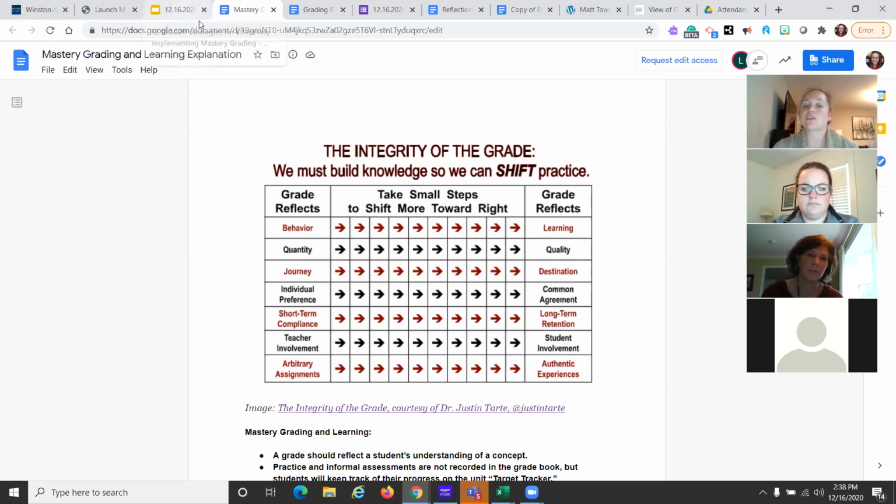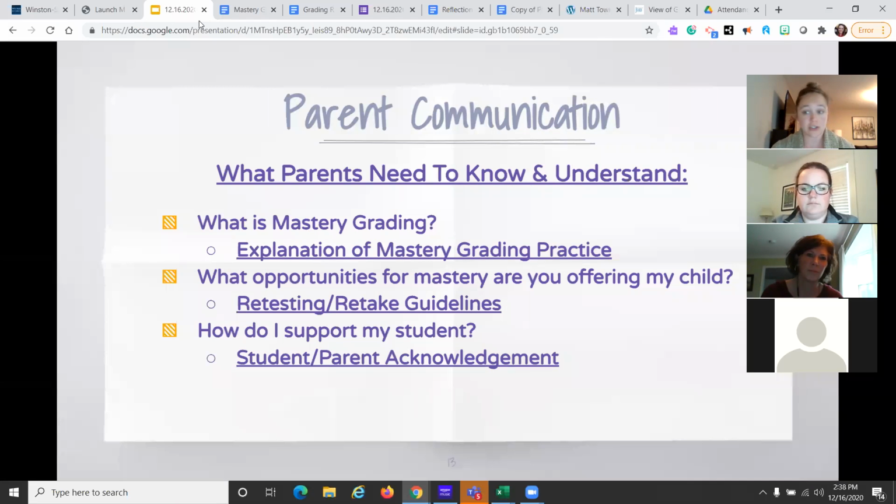And so she has quite a few resources that she uses with her parents and students. She gives this to parents and students at the beginning of the year. So her explanation and her why behind mastery grading, but also she wholeheartedly believes in this idea of retesting and retaking.